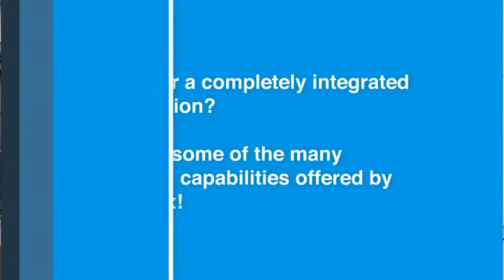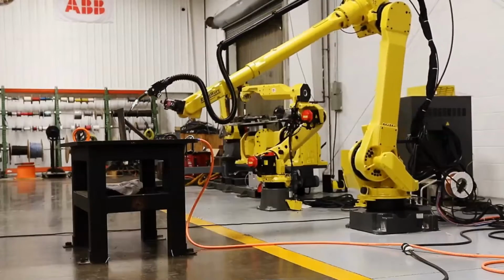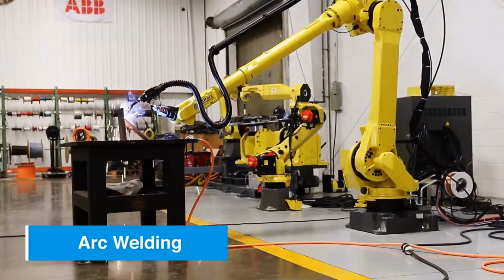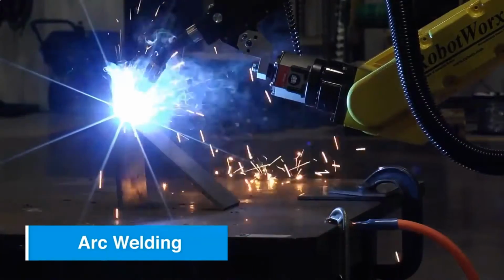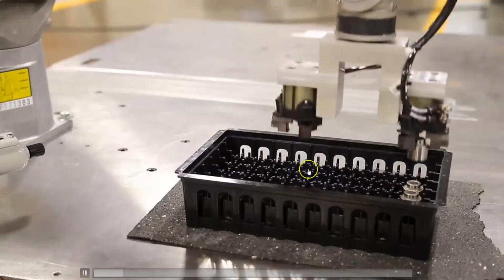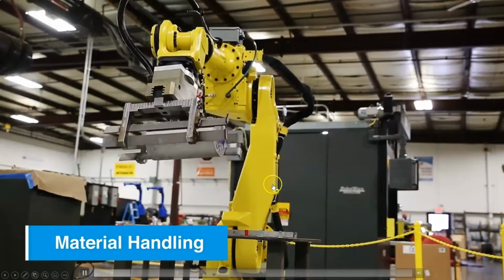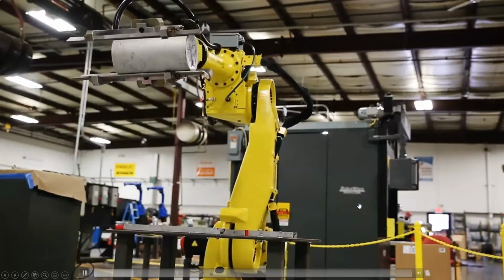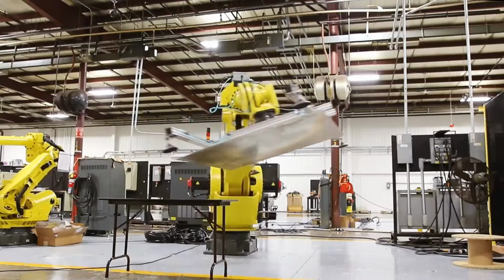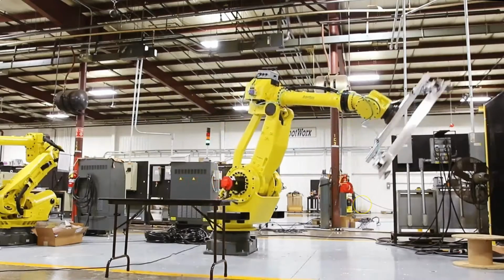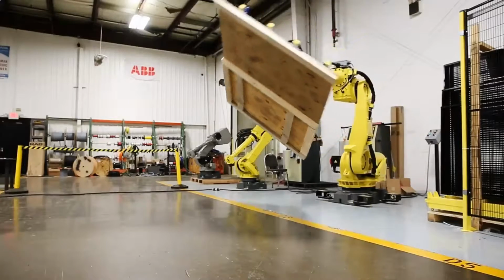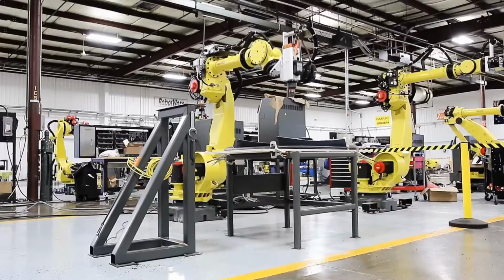All right, so here we have robots just showing different applications. So here's a robot doing arc welding. We have material handling where it's picking up parts, moving them from point A to point B. Oftentimes these parts are heavy or cumbersome parts, very large parts.